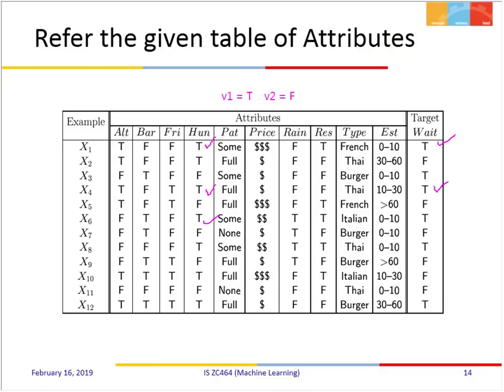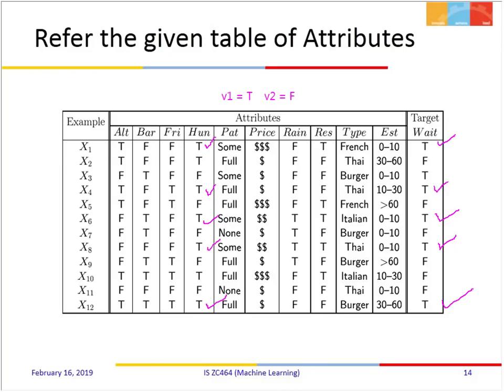Sixth also is true, both the cases. Eighth is true in both the cases. Okay. Then the 10th is false, and then the 12th is true. So the 10th we are not counting in this 5. So 5 times it happened that the person was hungry, V1 equal to T, and the person had to wait, true, right?